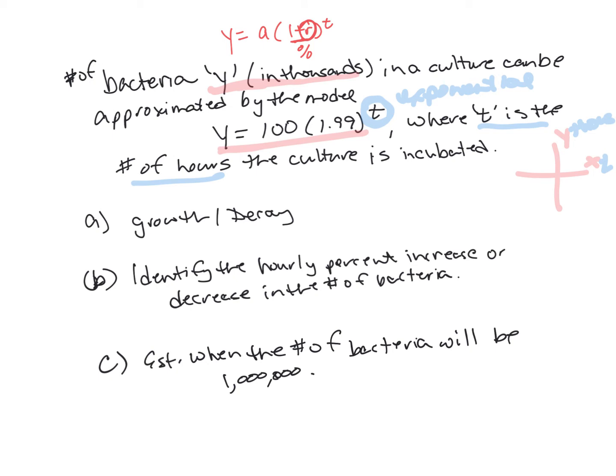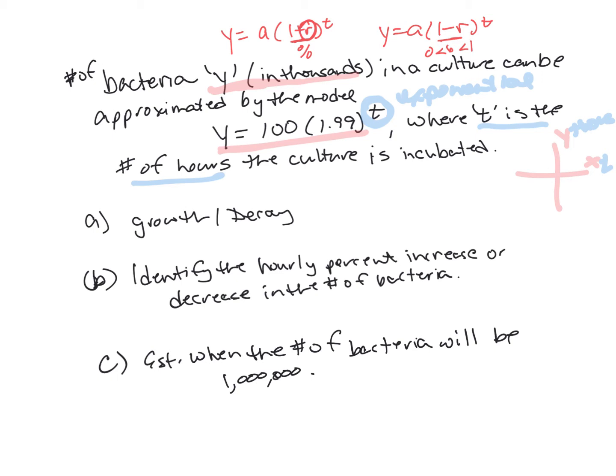Remember, anything that is a percent, you can only use as a decimal mathematically. Or we have Y equals A times 1 minus r, when that rate is less than 1 but greater than 0, with our b value to the power of t. And then that would be a decay.